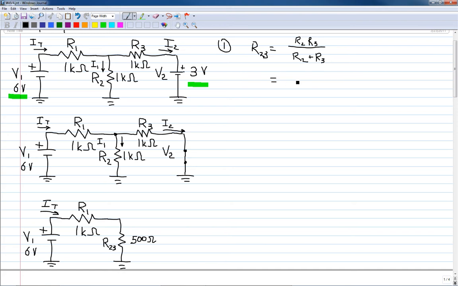Substituting in the values we have, that's 1k ohm times 1k ohm divided by 1k ohm plus 1k ohm.